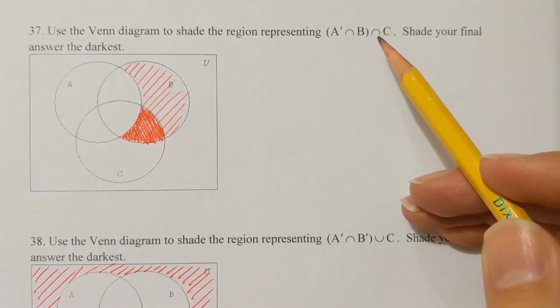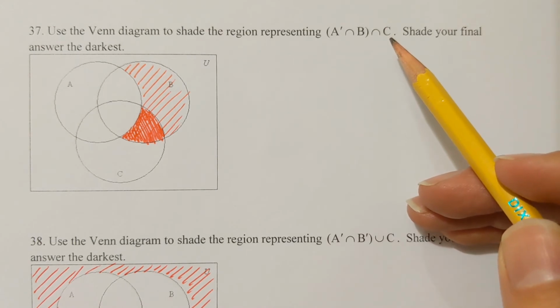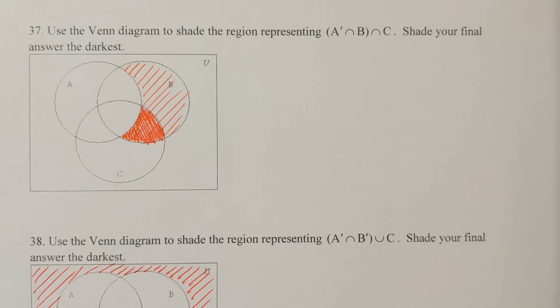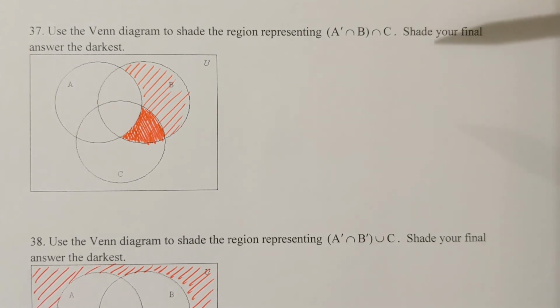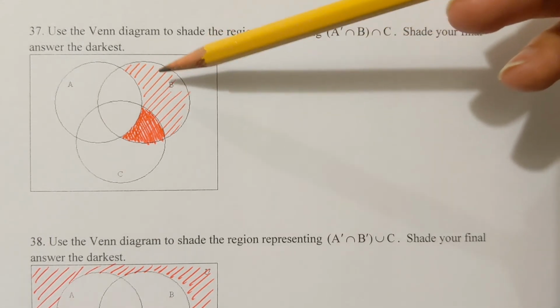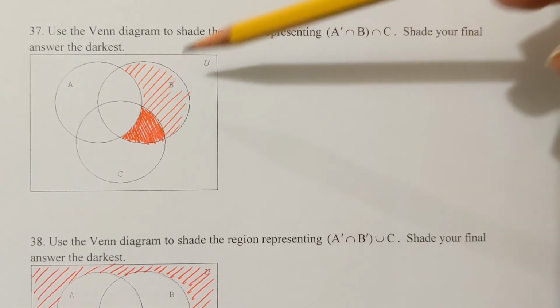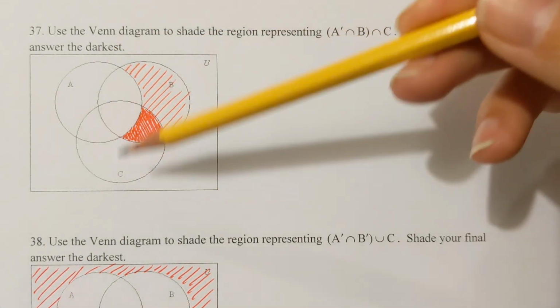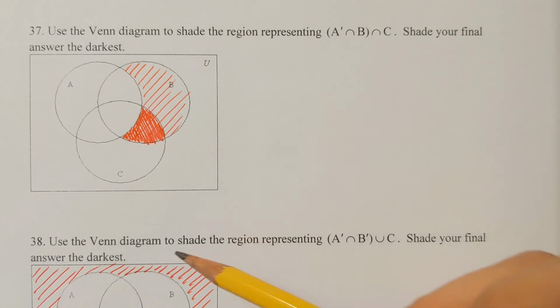Okay, and C. When I intersect this with C, because I'm intersecting, again the question is, where would you have shaded twice? I've got everywhere in B shaded, not including A, and then I'm going to shade everywhere in C. Where would I have shaded twice?